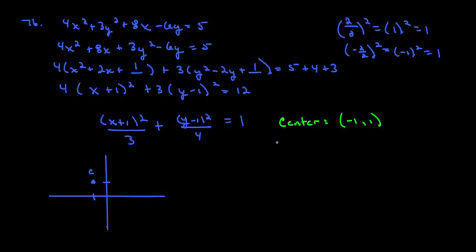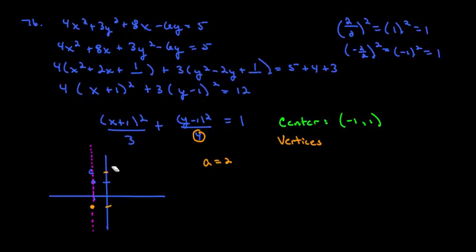Now the vertices are a length out of the square root of the larger of the two numbers, so the a value. So a is going to be equal to 2 because it's the square root of this number. Now since it's underneath the y, we're looking at a major axis that is vertical. And so we'll go up 2 and down 2, so 1, 2.